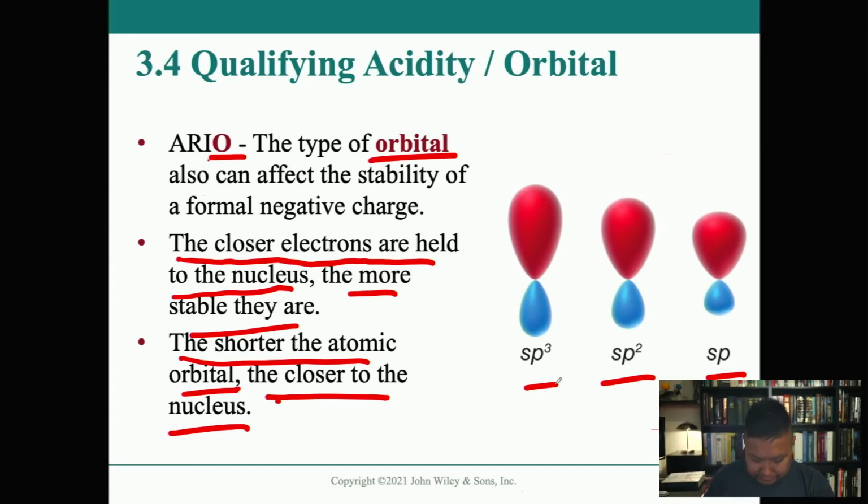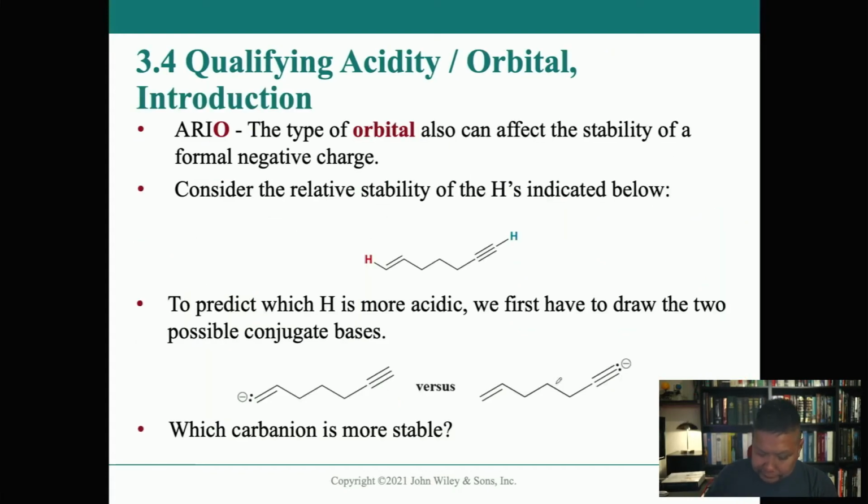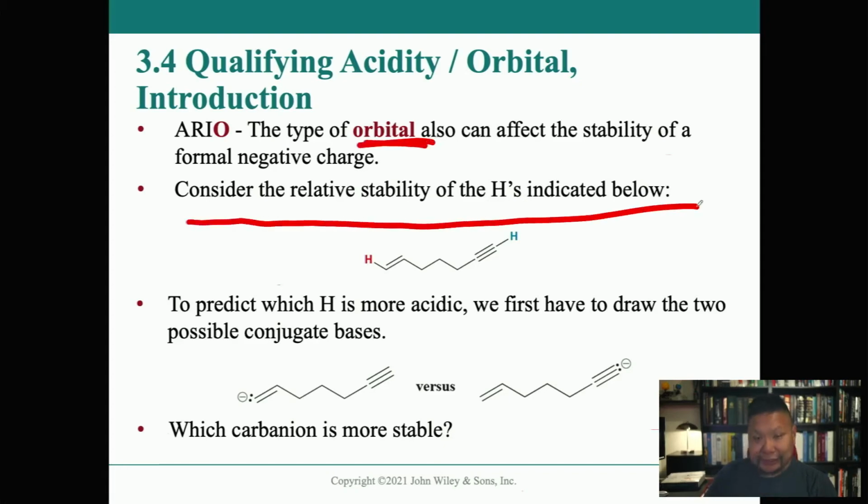Let's take a look at that. Here's REO and the orbital in REO. Let's consider the relative stability of the H's, or the protons, indicated below. This proton here is attached to an sp2 carbon. This proton here is attached to an sp carbon.